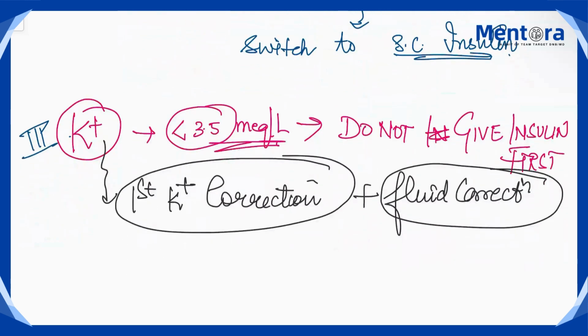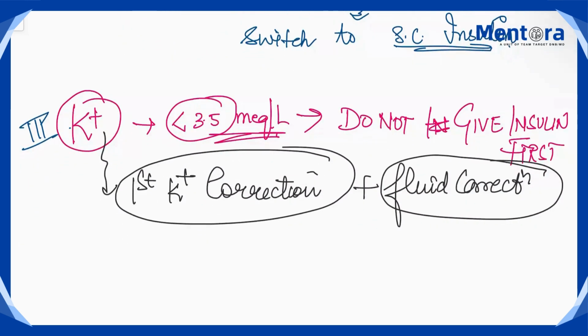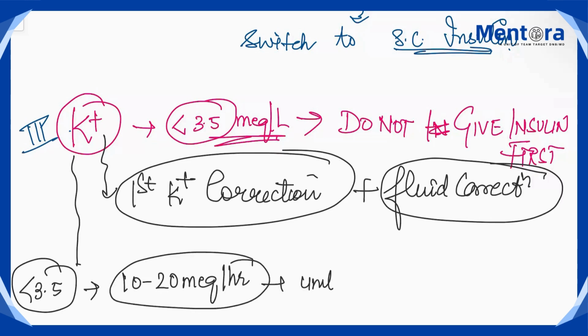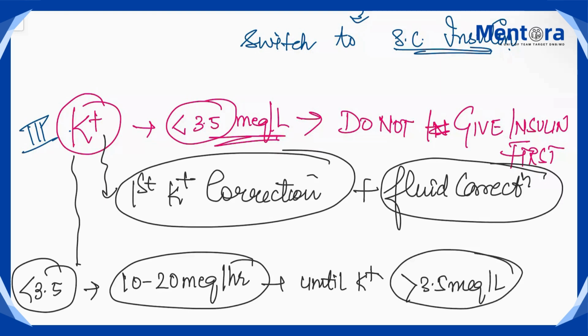ठीक है, so if this potassium level is less than 3.5, you will give potassium supplement as 10 to 20 milliequivalent per hour until your potassium reaches more than 3.5. Okay.